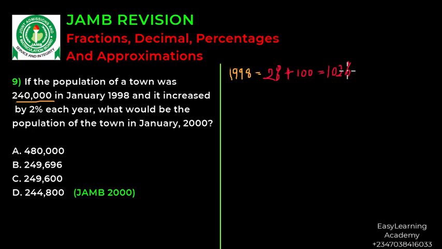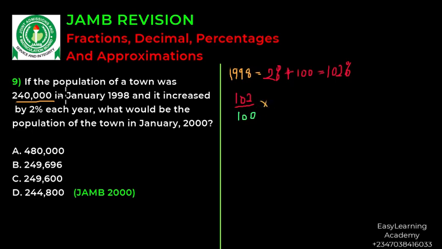For us to solve that, we're going to say 102%, that is 102, all over 100 as a percentage, and we're going to multiply it with the current population of that town.